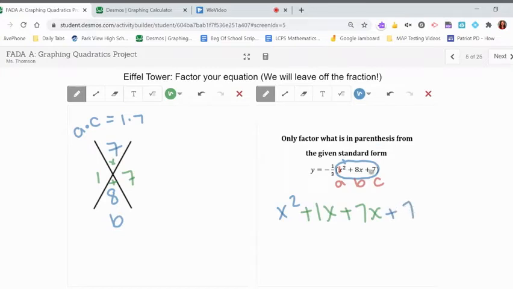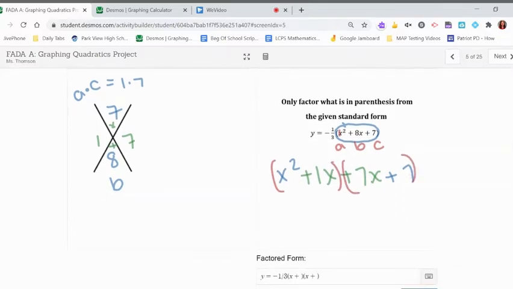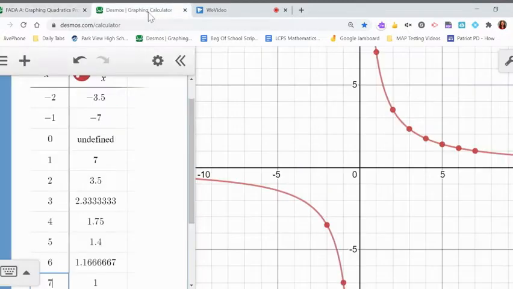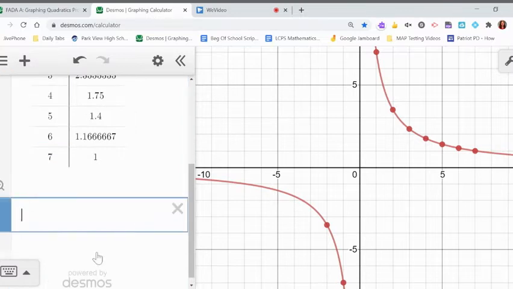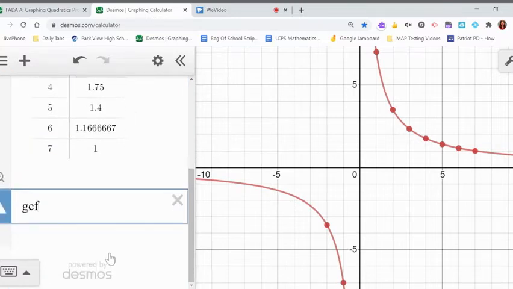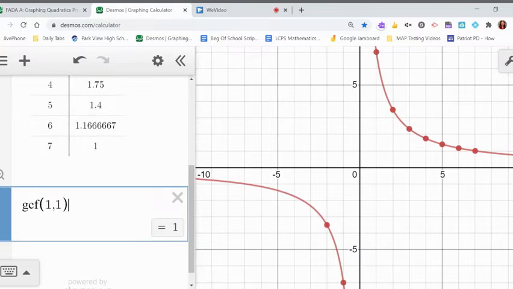Okay? And now I'm going to factor it by grouping. Okay? I look at my first 2 terms here. Remember, there's a 1 here. 1 and 1 have a GCF of 1. If you need to check that, remember, you can always use your calculator. We can type in GCF of 1 and 1, and you get 1.